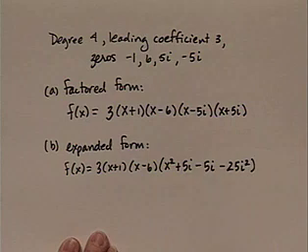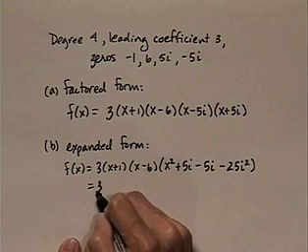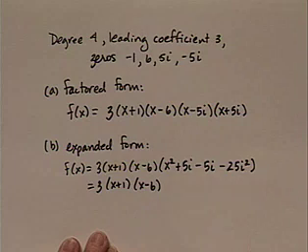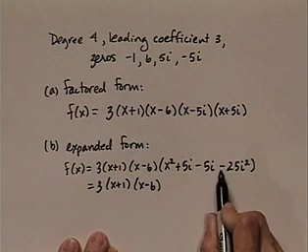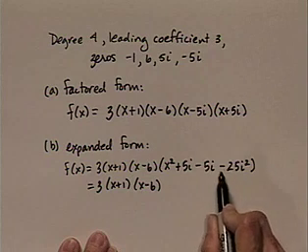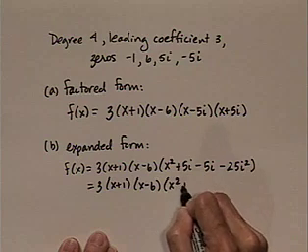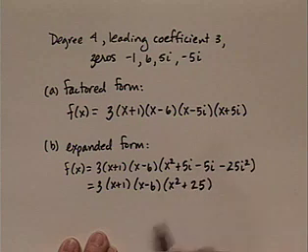The 5i's are going to add to 0, and this is negative 25 or minus 25 times negative 1, which I can write as x squared plus 25.